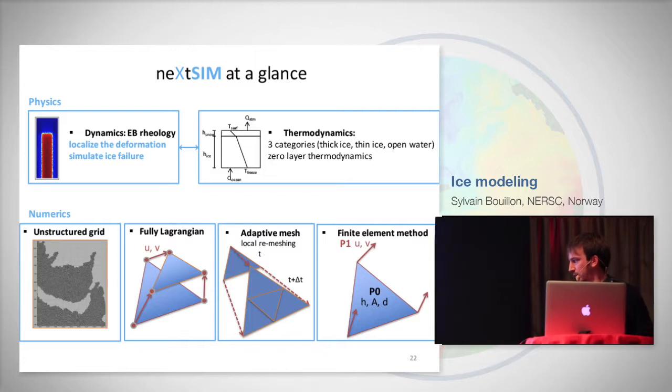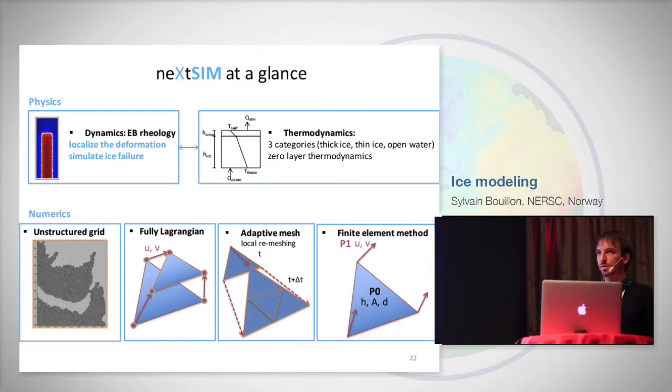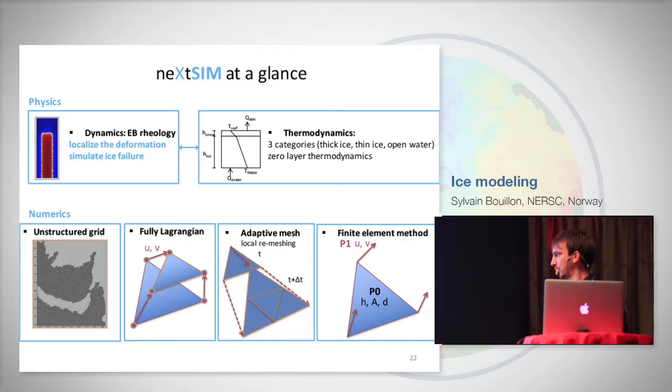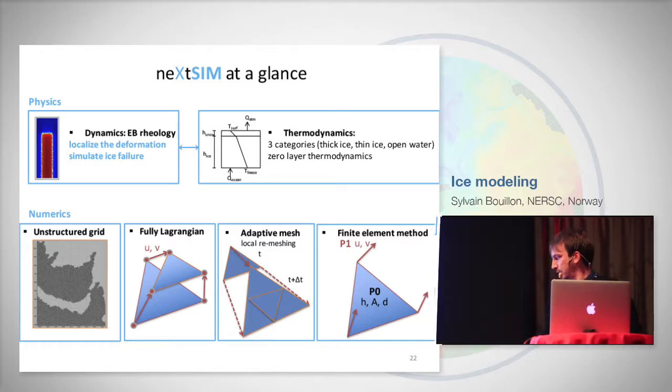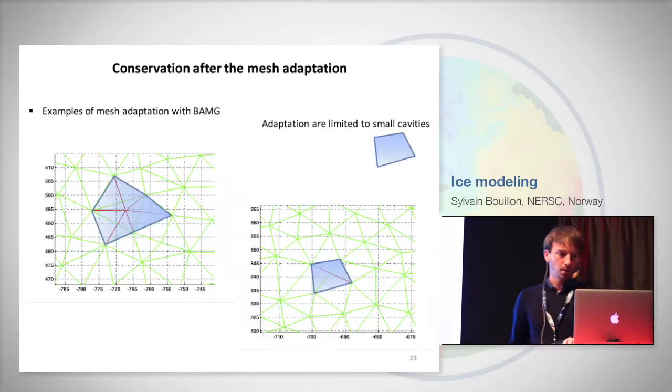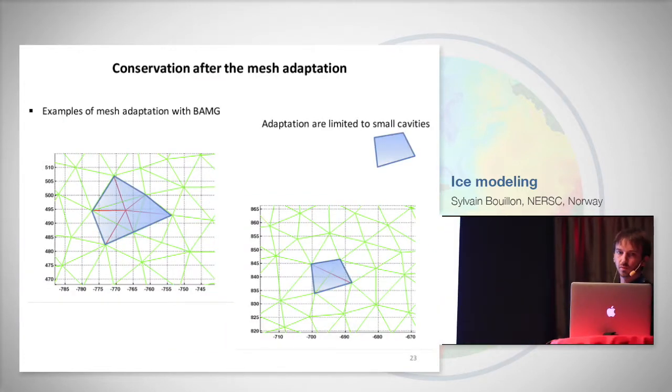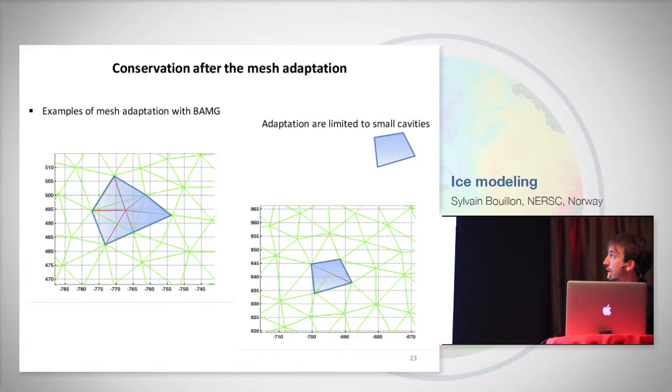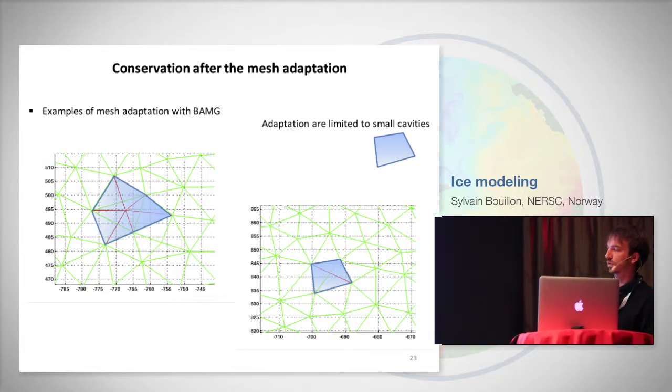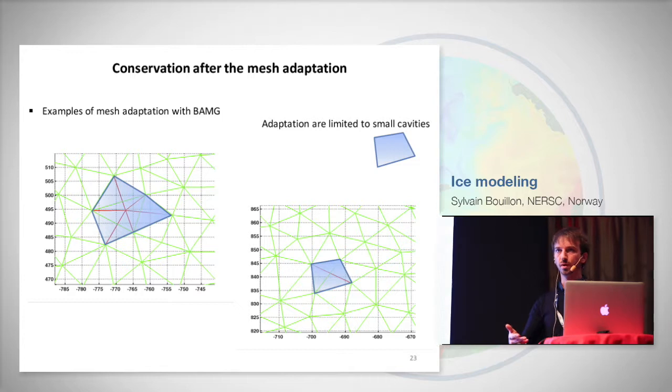So we basically have the ice thickness, concentration, and damage centered in the triangles and the velocity vectors on the nodes. So this is an illustration of the conservation during a remeshing.